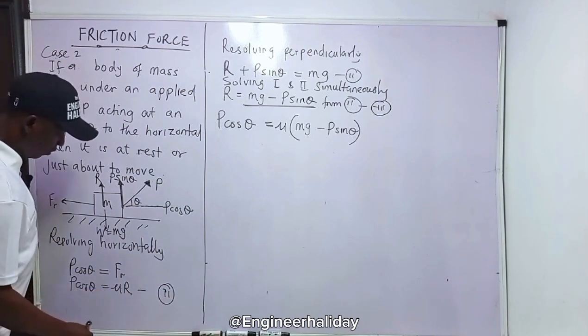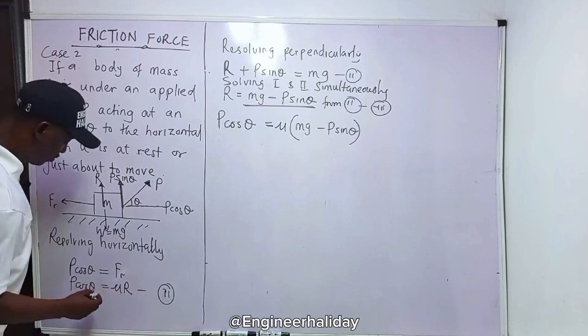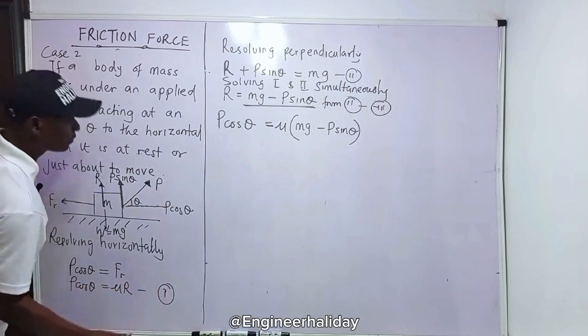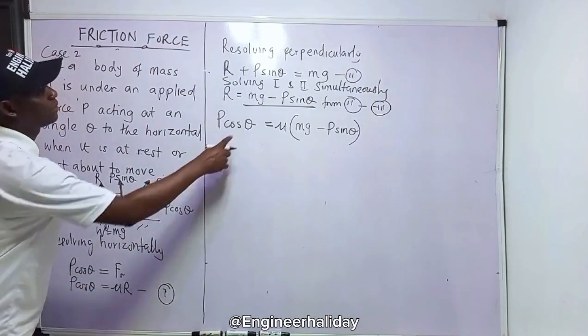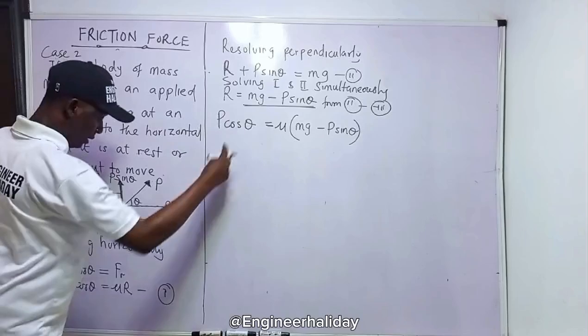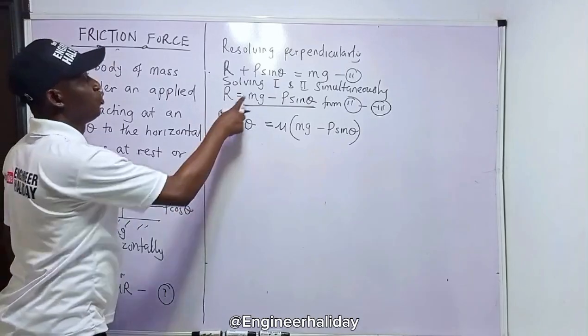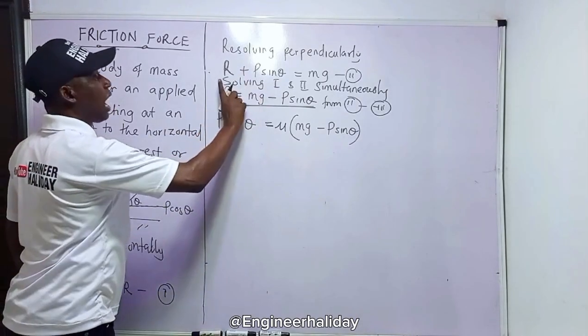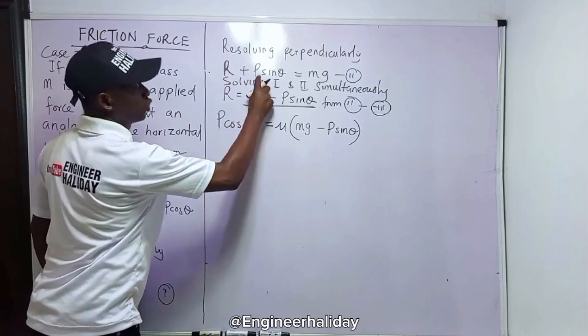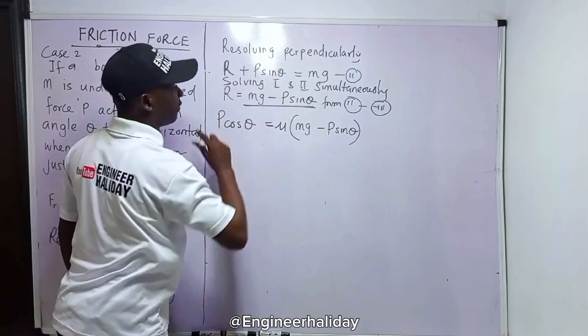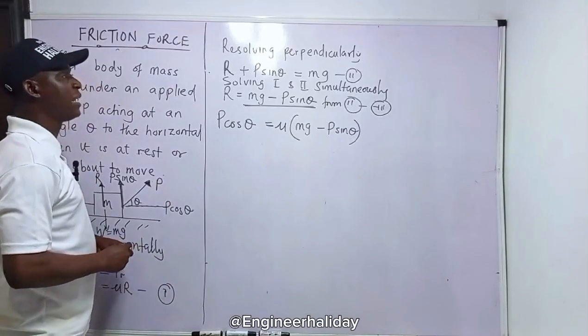Now, in this case, we substituted 2. This is 2. This is 1. Then we substituted 3 into 1, and we get 3 from 2. How? By making R, the reaction, the subject of the formula.